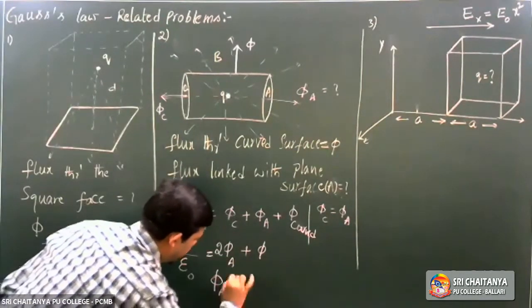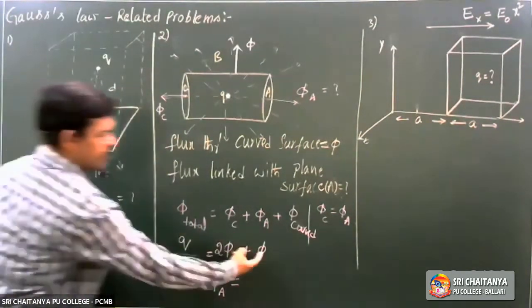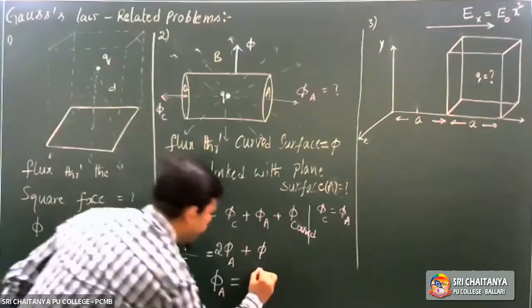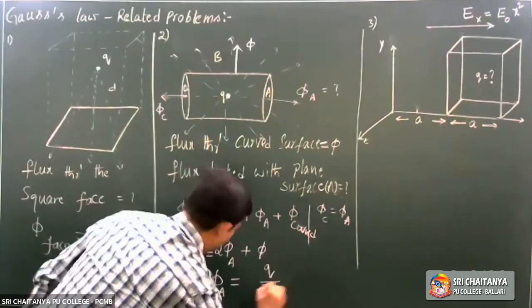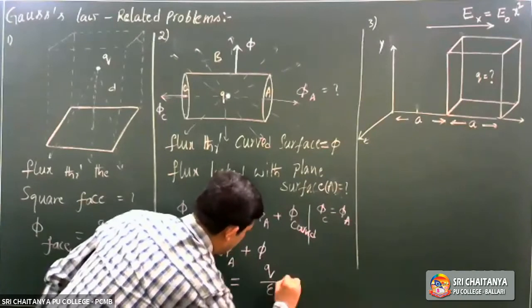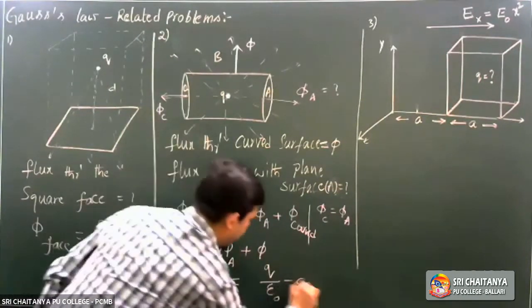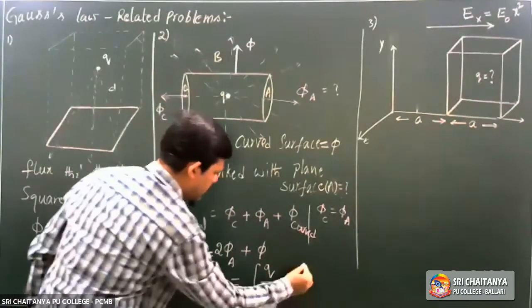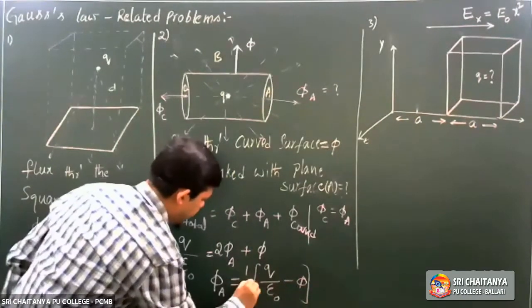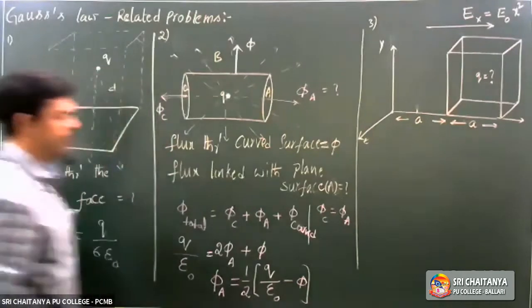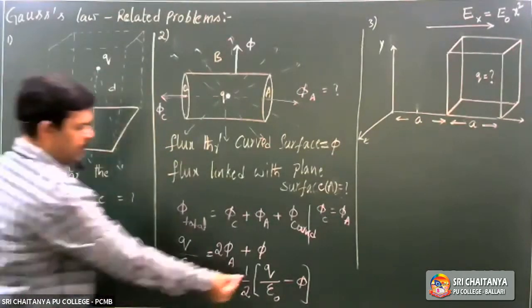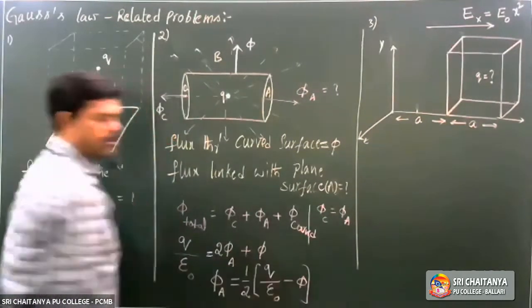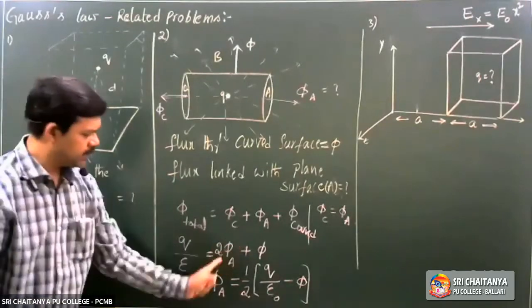Then bring this phi onto this side: 2 phi A is equal to Q by epsilon naught minus phi. Bring that 2 onto this side: phi A is half of Q by epsilon naught minus phi.